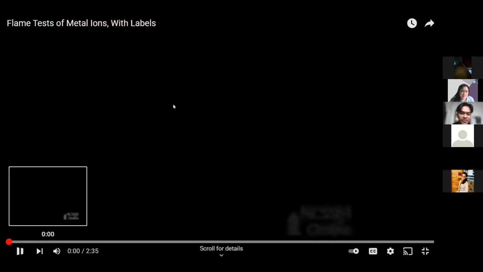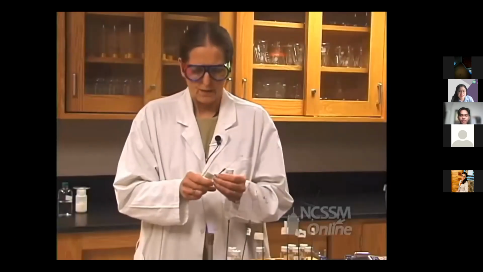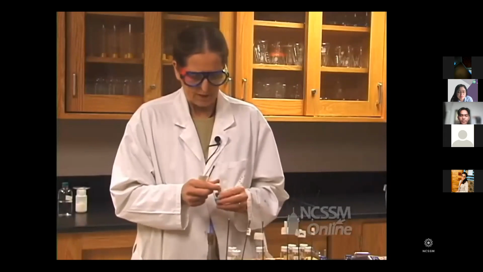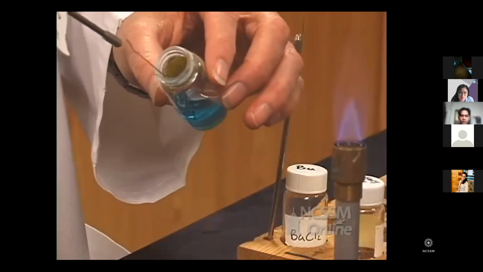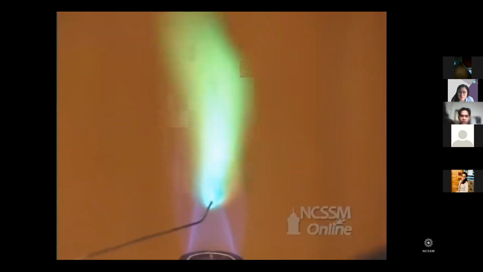We're going to do a flame test on a number of selected compounds, primarily group 1 and 2 ions. These are aqueous solutions, and we have just an inert metal loop. We're going to dip the end into the solution and put it into the flame.